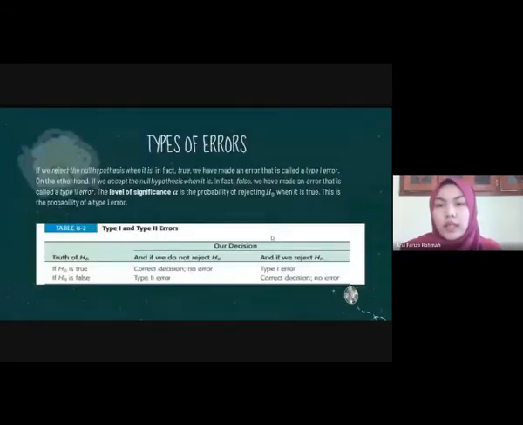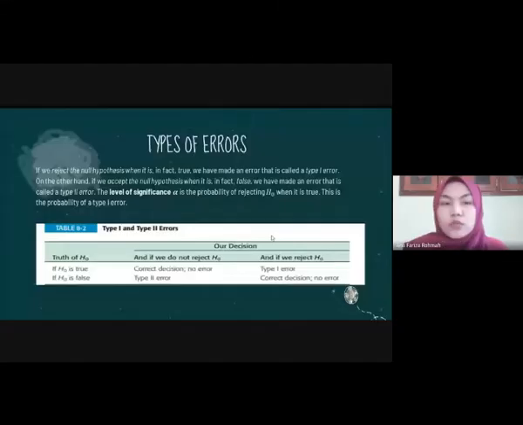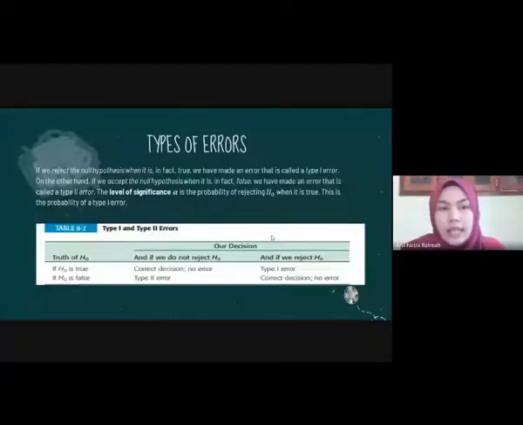On the other hand, if we accept the null hypothesis when it is in fact false, we have made an error called a type 2 error. The level of significance alpha is the probability of rejecting the null hypothesis when it is true. This is the probability of a type 1 error.